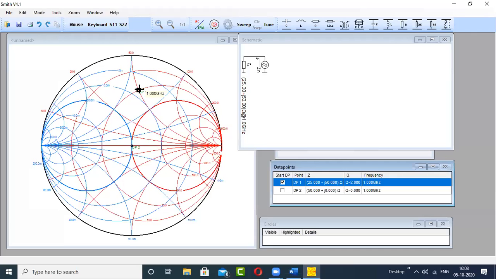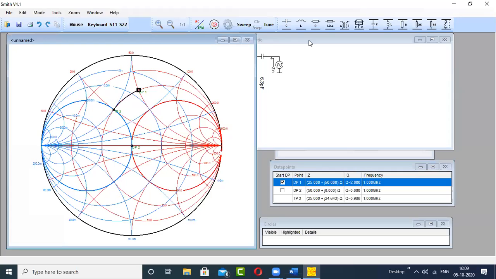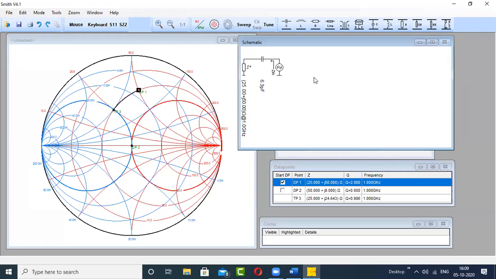In order to move to this point, you have to move in the anti-clockwise direction on the Z chart, so you need to connect one capacitor in series. You have to verify your answers. One 6.3 picofarad capacitor is required. Just cross check it. It should be near to this only.